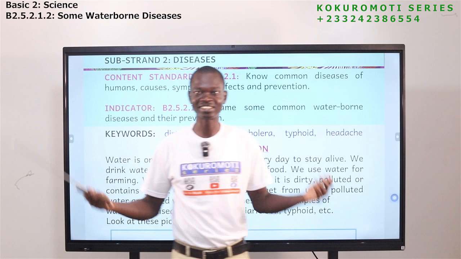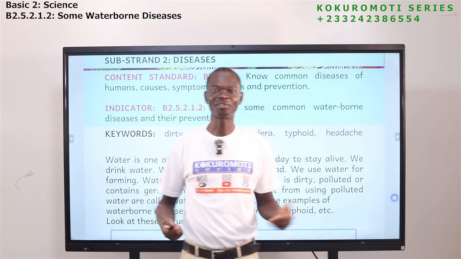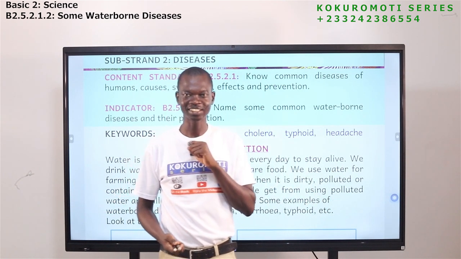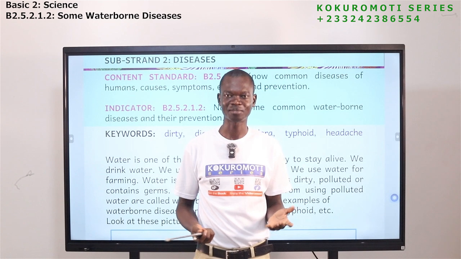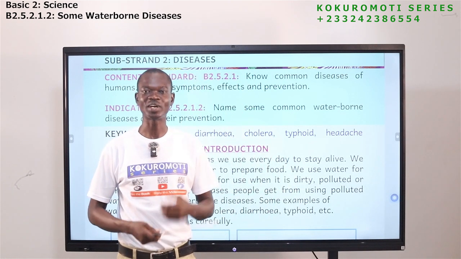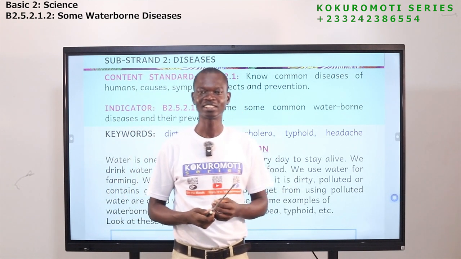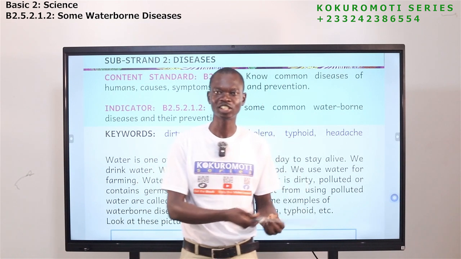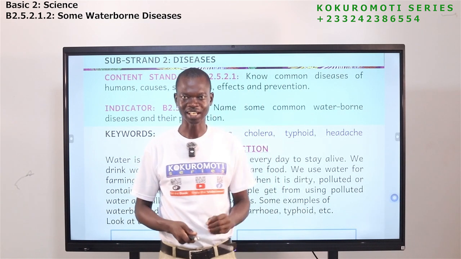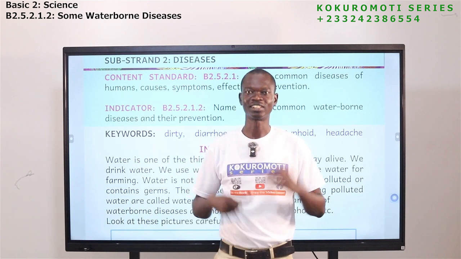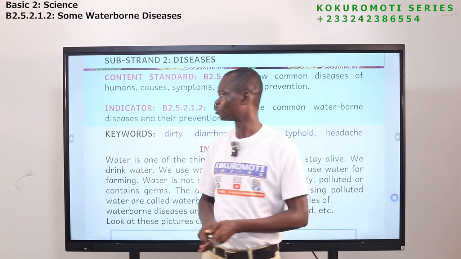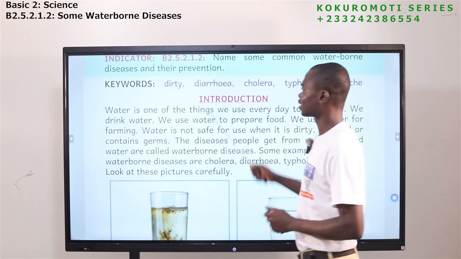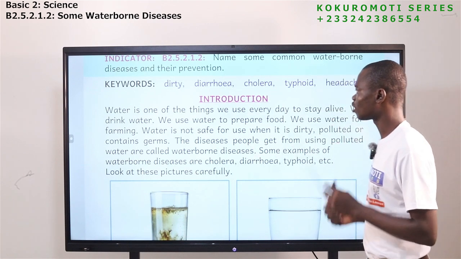We call them waterborne diseases because we get them from drinking contaminated, polluted water. Any disease that you get because of drinking or using contaminated water, we call a waterborne disease.